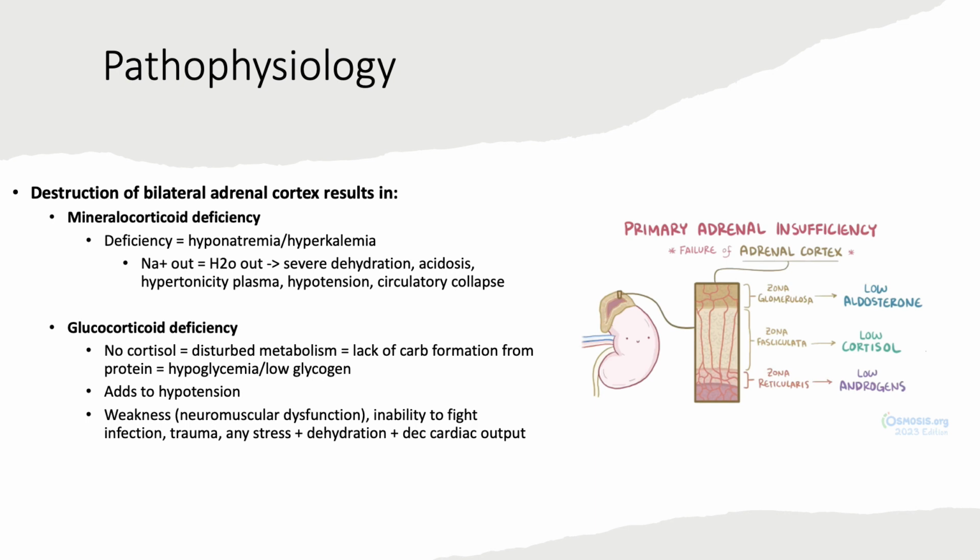So we end up getting this strange kind of hyperpigmentation. So the hyperpigmentation in the skin is actually not due to the adrenal insufficiency itself, but it's secondary to the lack of pituitary feedback mechanisms.